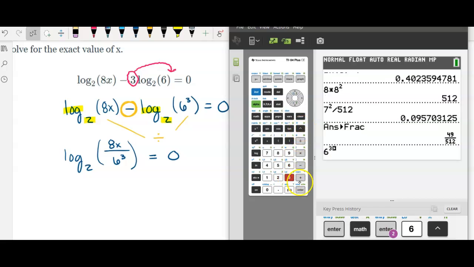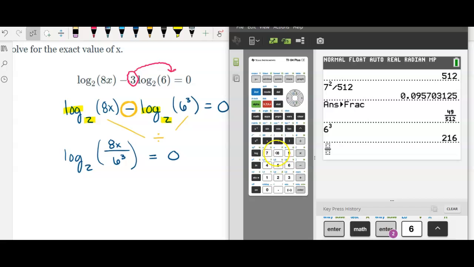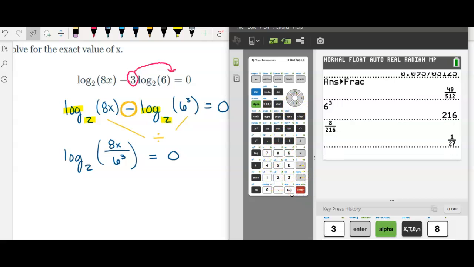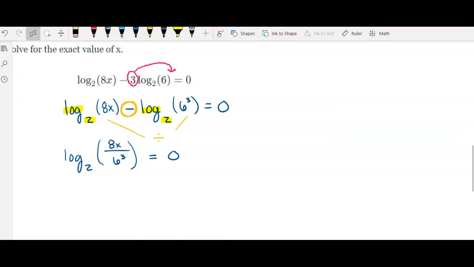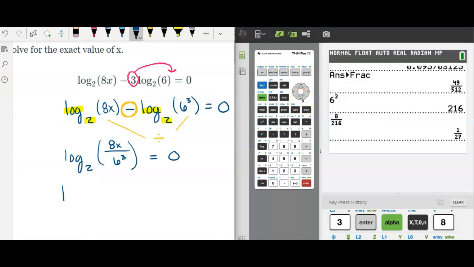Figure out what 6 cubed is. 216. And if I have 8 divided by 216, we'll see if that simplifies. And it does, to 1 over 27. So I'm going to write that as log base 2 of x over 27, equals 0.